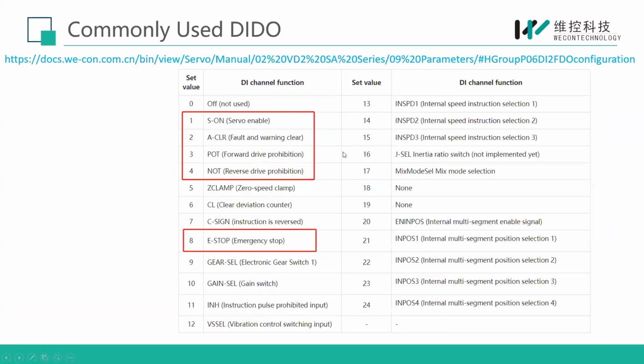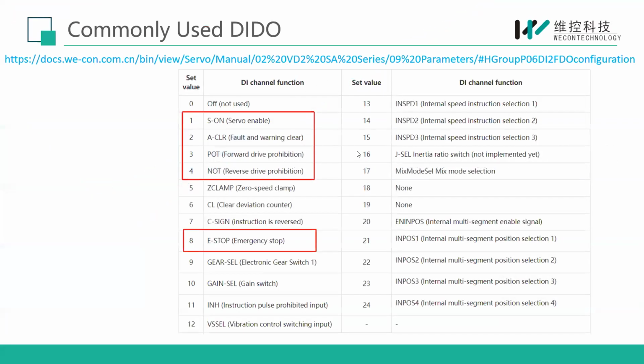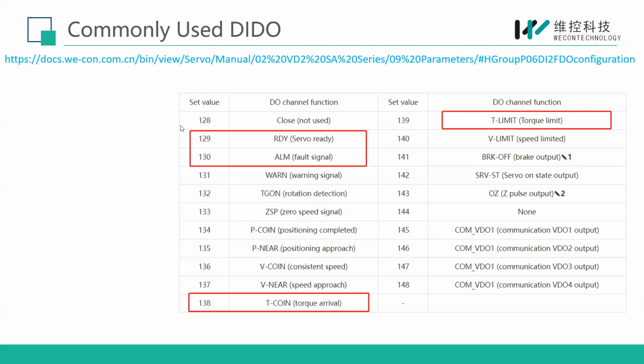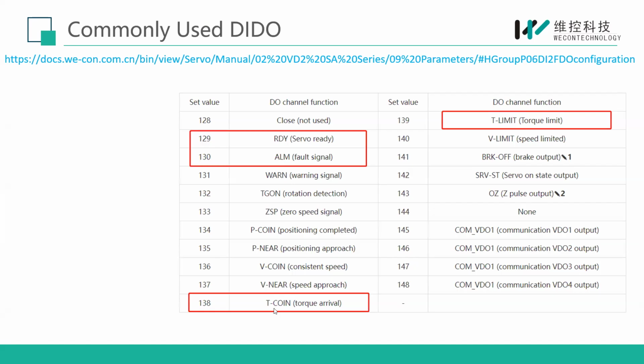Last, I will introduce some commonly used DIDO, and then I will connect the motor to set the torque of our motor and check the torque curve and the speed curve later. Usually in torque mode, we use DO, digital output, torque arrive and torque limit.